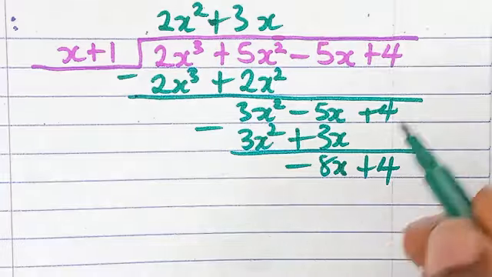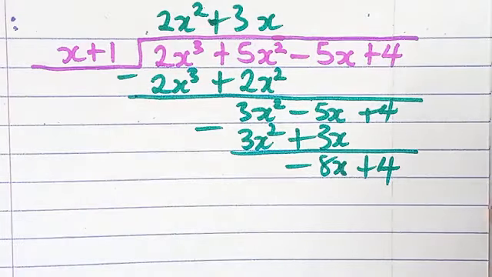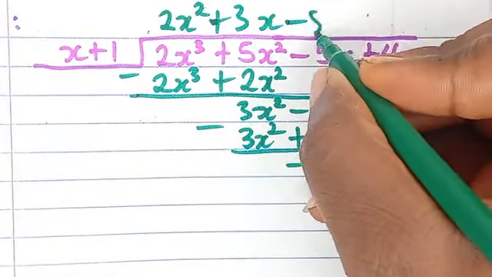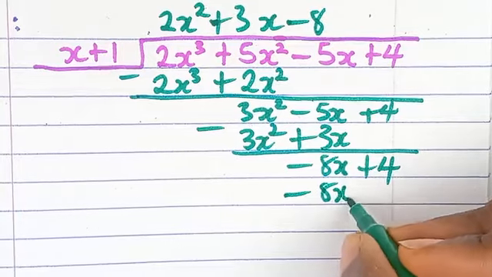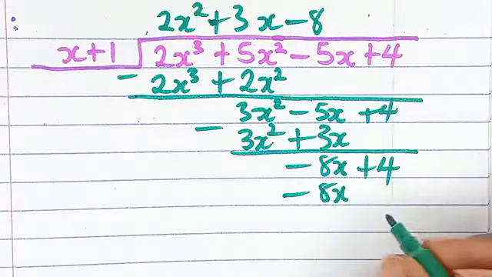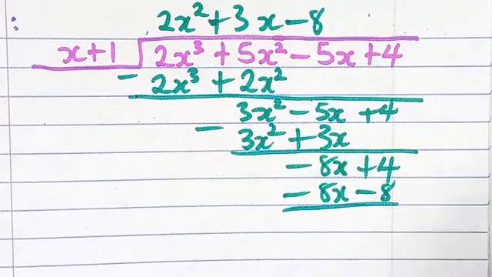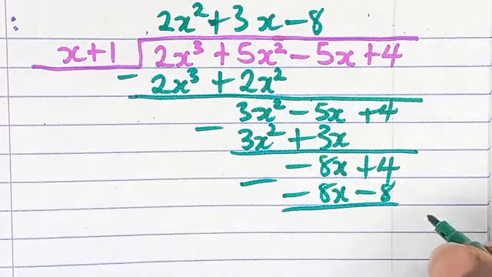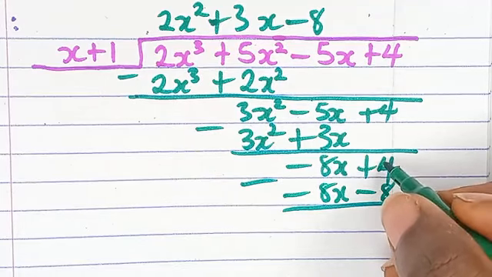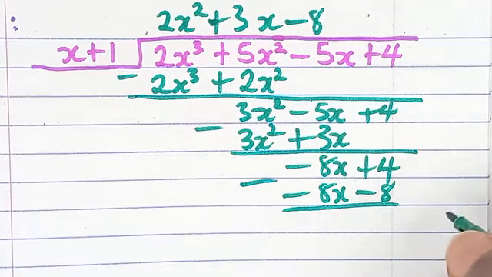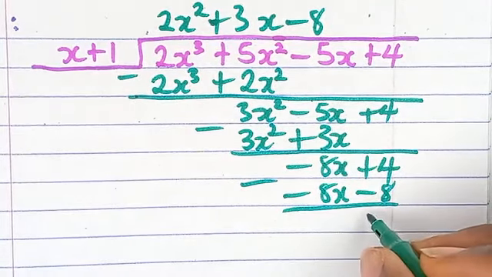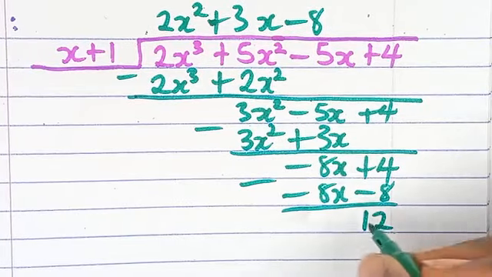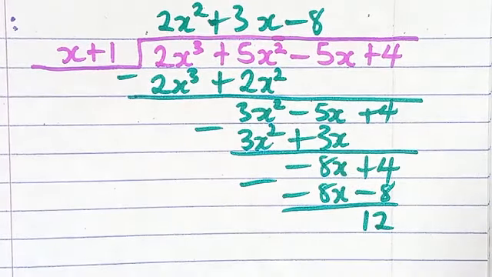Now we are going to divide into this. x divided into minus 8x is negative 8. Minus 8 times x is minus 8x. Minus 8 times 1 is minus 8. We subtract. We have 4 plus 4 minus minus 8. That's plus 4 plus 8 is plus 12. Then this minus itself is 0. So this is the remainder we have.